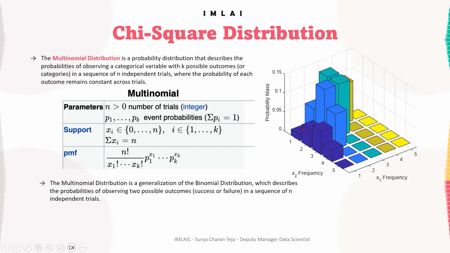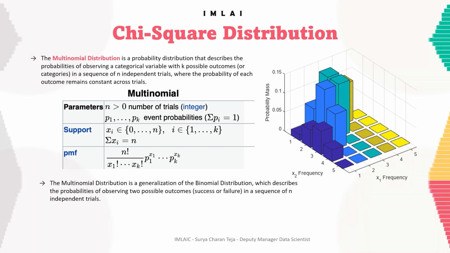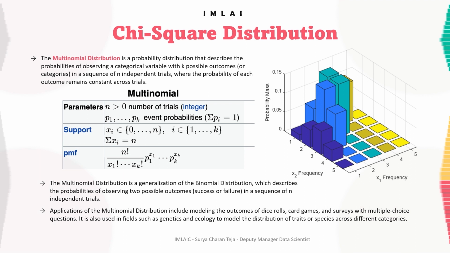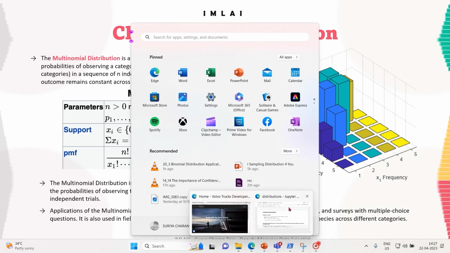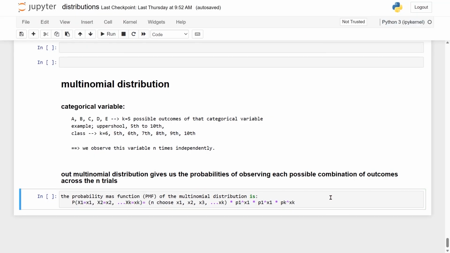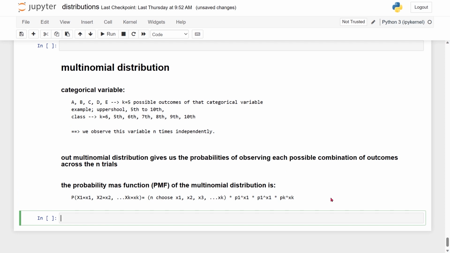So that's our probability function. The multinomial distribution is a generalization of the binomial distribution, which describes the probabilities of observing two possible outcomes, either success or failure, in a sequence of independent trials.